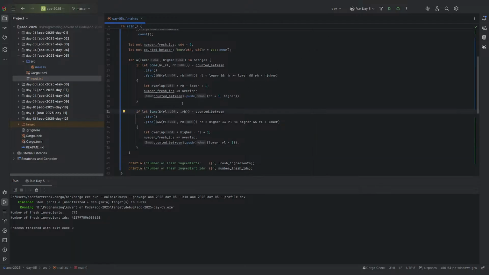Can this happen on both sides, where I have overlap on both? I hope not. Okay, let's say I have... First I'll look for the lower side.